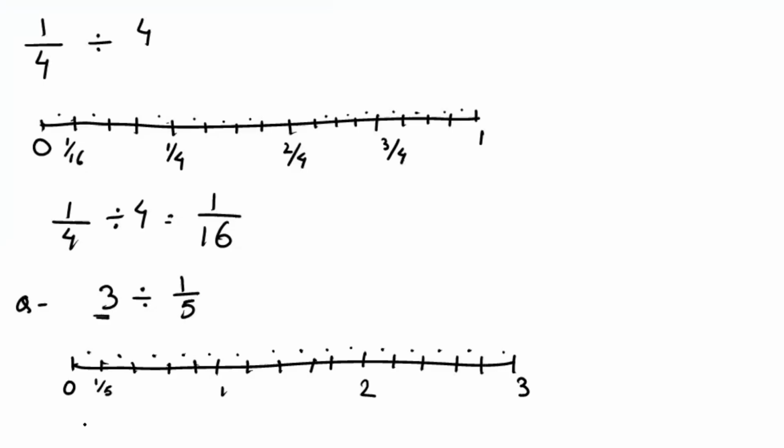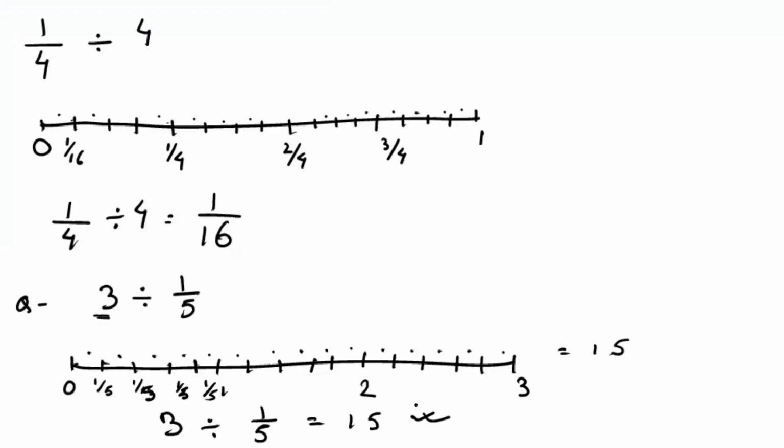It means it will be 15. 3 divided by 1 by 5 will be 15. So here will be 1 by 5, 1 by 5, 1 by 5. We have to count how many 1 by 5 fit into the size of 3. Okay, then we will get our answer.